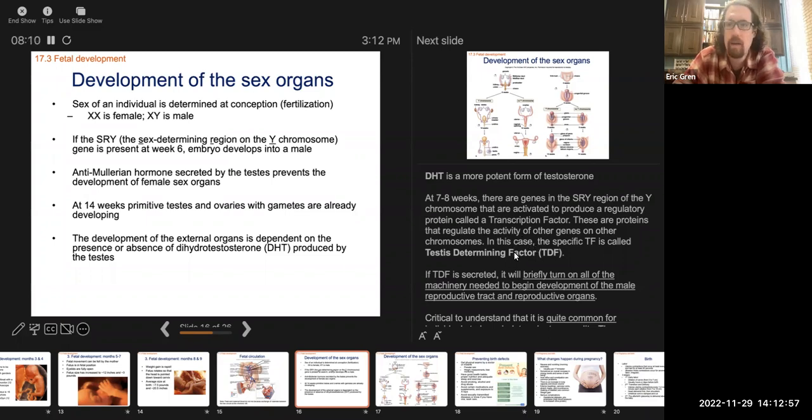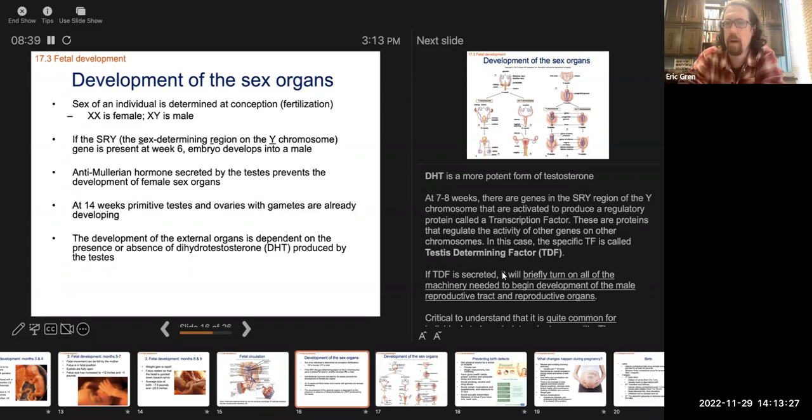If it is secreted, it is very briefly going to turn on the cell machinery that we need in order to begin development of the male reproductive tract and the rest of the male reproductive organs. So there's a narrow window of time where the SRY region of genes has to turn on secretion of testis determining factor.